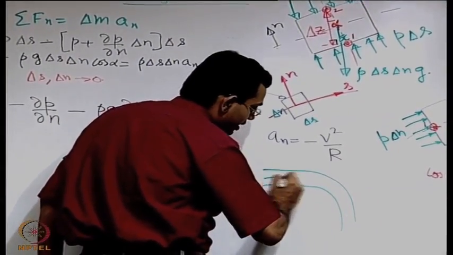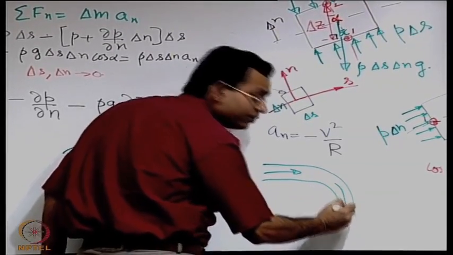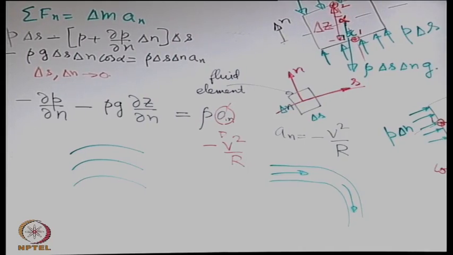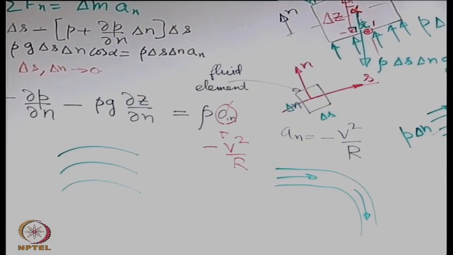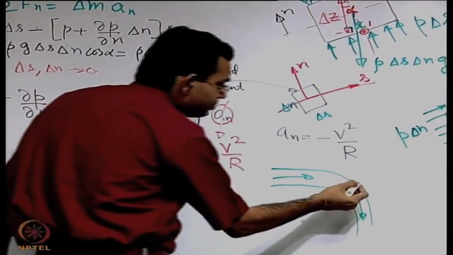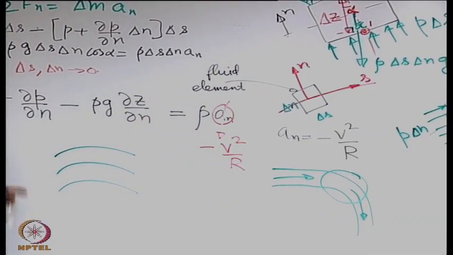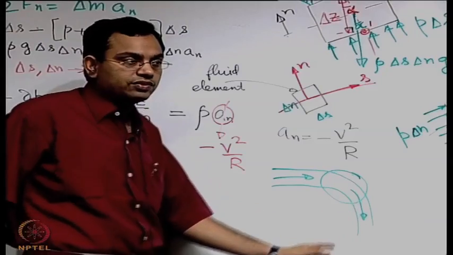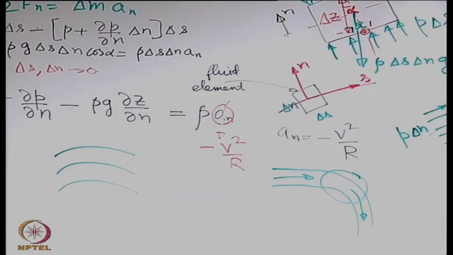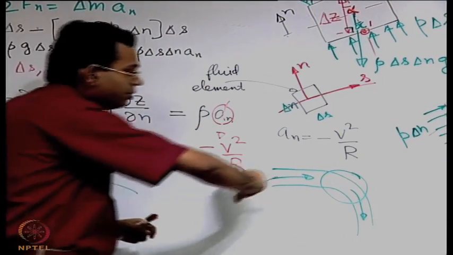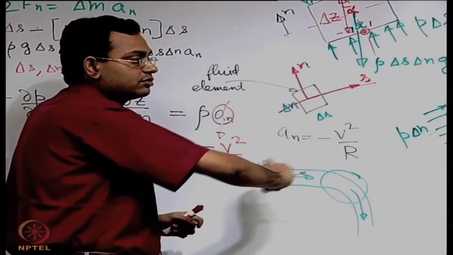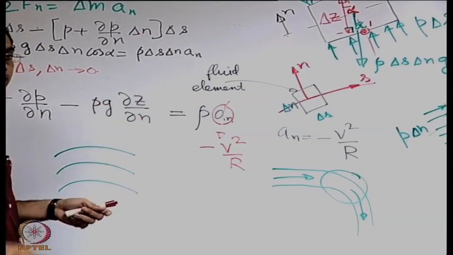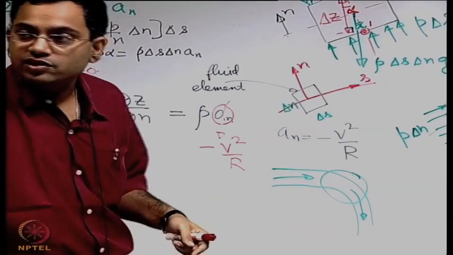Now the fluid is changing its direction, it is moving in a different direction. It is very much possible and very common. Pipes have bends to change the direction of flow. So in the pipe bend, the streamlines are oriented along the direction of the flow, so you have curved streamlines. Let us say that this entire bend is in the horizontal plane, so that there is no change in the vertical elevation.